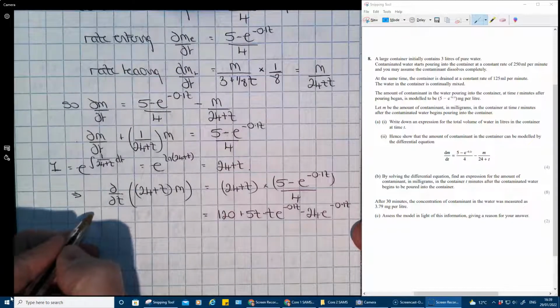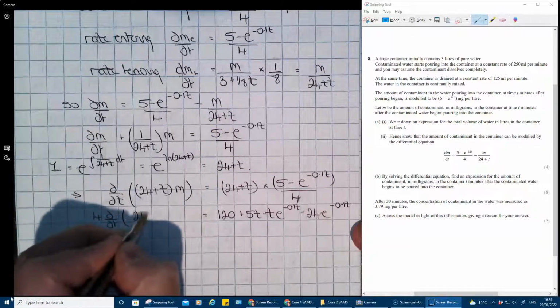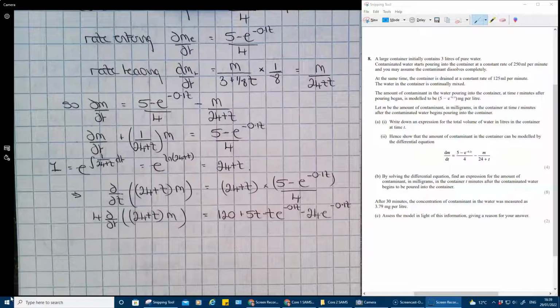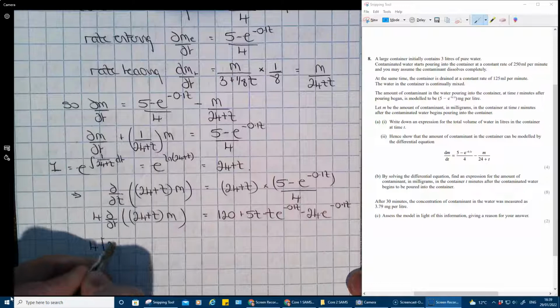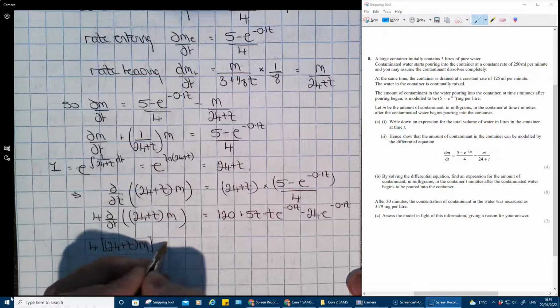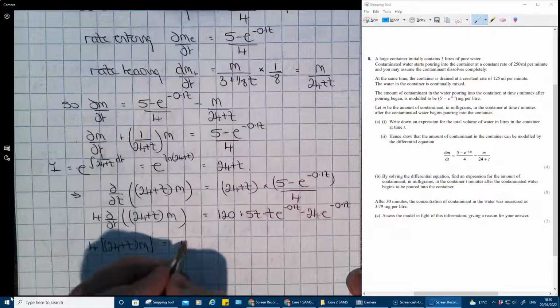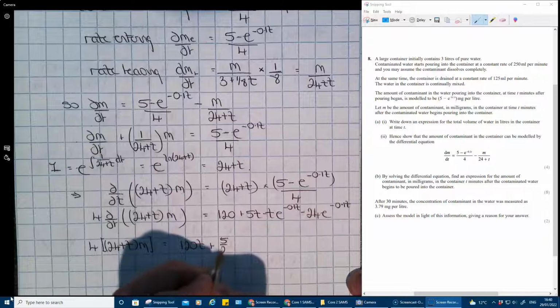I'll move the 4 across for a minute. Okay, so integrate both sides. I get 4 times 24 plus t lots of m equals the integral of this side. Some bits I can integrate easily, so it's 120t plus 5 over 2 t squared.